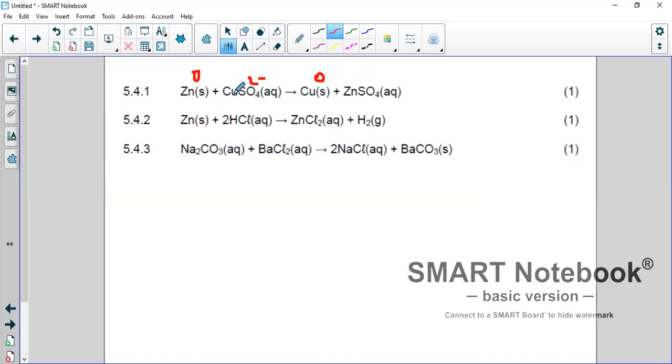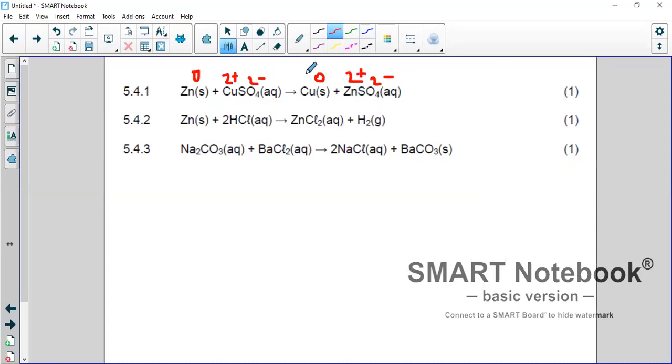If this is 2 minus, and the ratio is 1:1, it means copper is 2 plus. Then sulfate again is still 2 minus, and your zinc sulfate here is also a ratio 1:1, so it means the zinc is 2 plus.